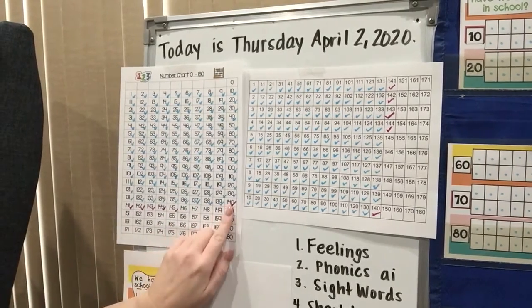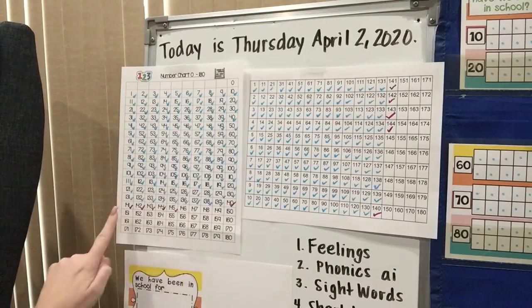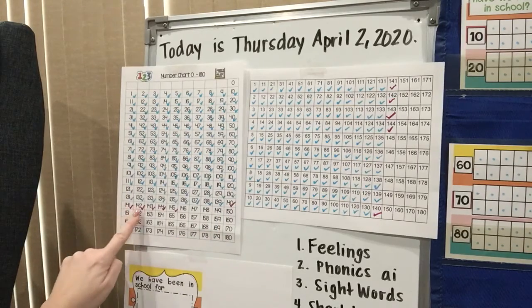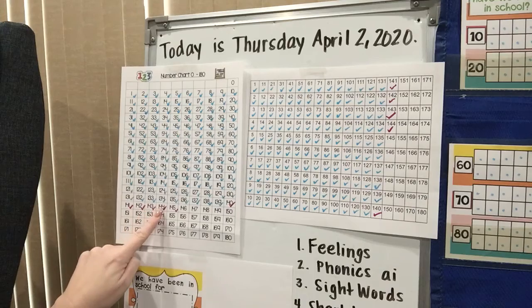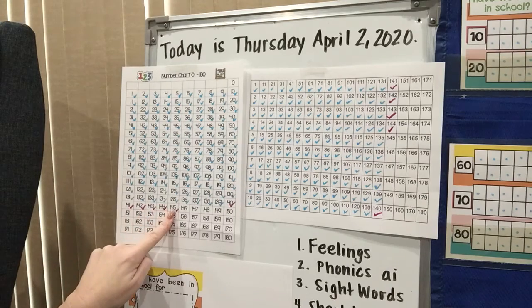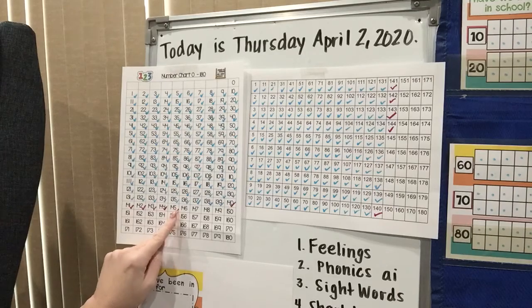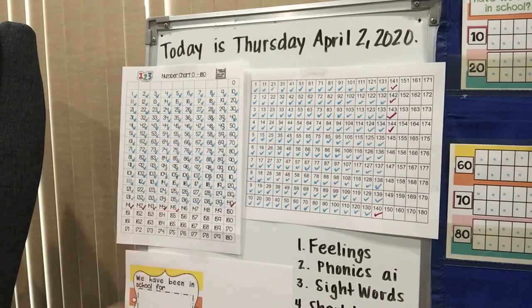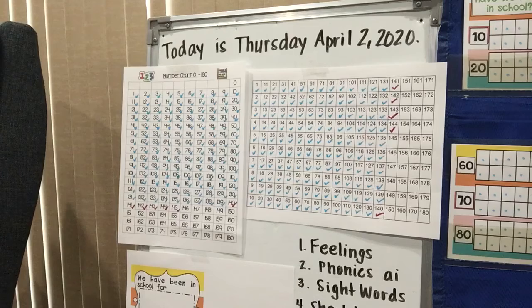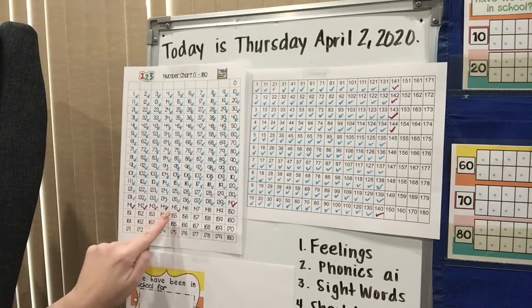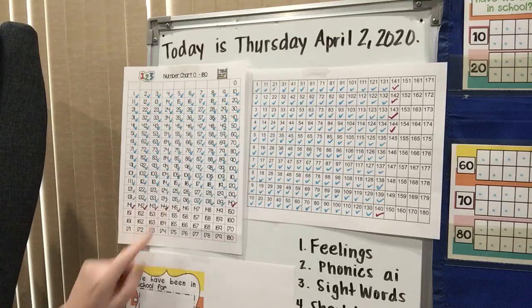So we went all the way to 140, and then we get to 141, 142, 143, 144, 145. And so that 5 is in the ones place, the 4 is in the tens place, and the 1 is in the 100s place. The number that comes right before 145 is 144.